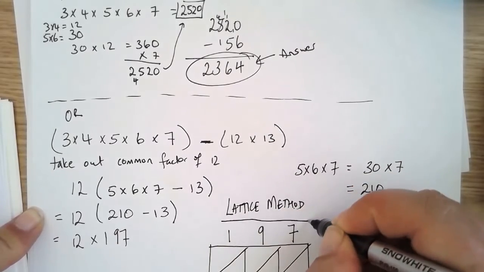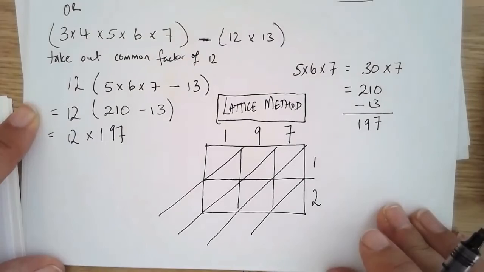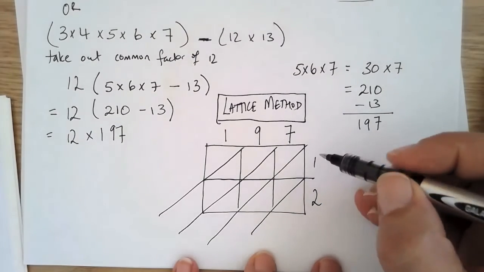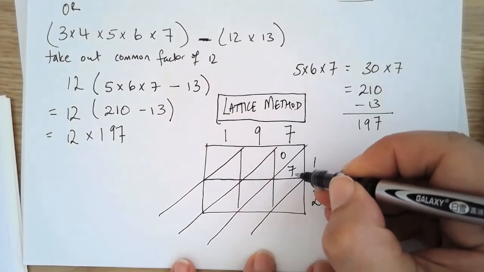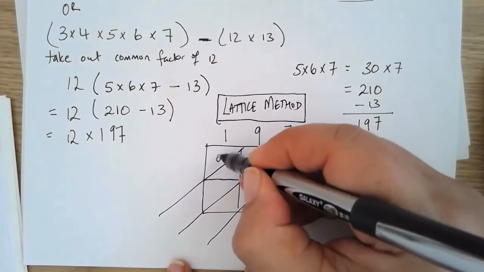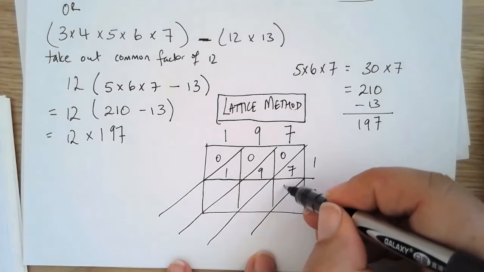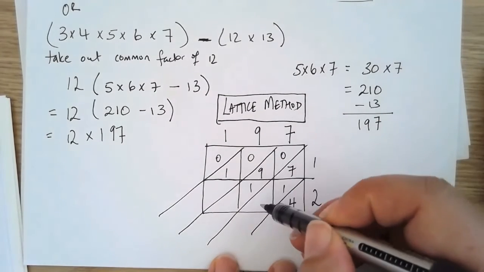You can find it by Googling it. I've got a video on it if you need it. What we're doing is multiplying these two numbers. 1 multiplied by 7. These are the tens, these are the units, the ones. 7 multiplied by 2 is 14. That's in the tens, and the 4's in the ones.